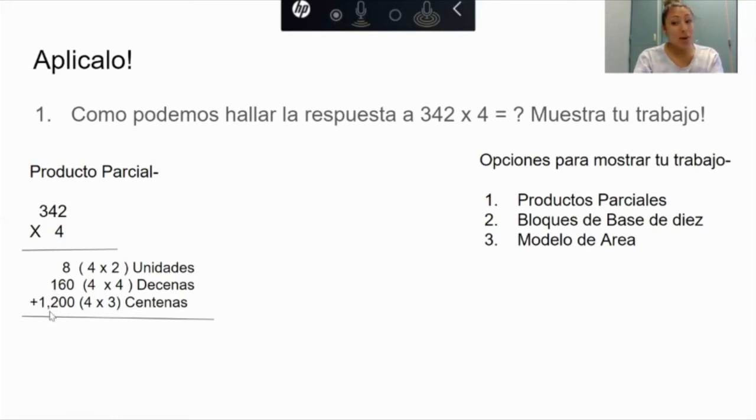Tengo que escribir mi coma, entonces bajo mi coma. Finalmente tengo 1. Bajo mi 1 porque no hay nada más. Y aquí tengo mi respuesta, 1368. ¿Tienen esa respuesta también? Perfecto, seguimos.